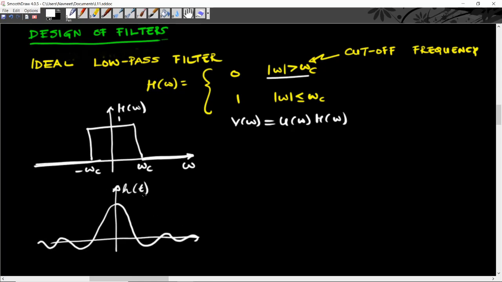So h of t for this ideal low pass filter should be a sinc function. And we can verify this through a quick calculation. So using the definition of the inverse Fourier transform, we can write h of t as this integral.